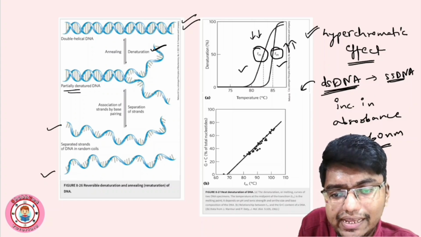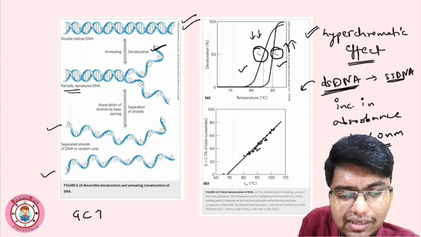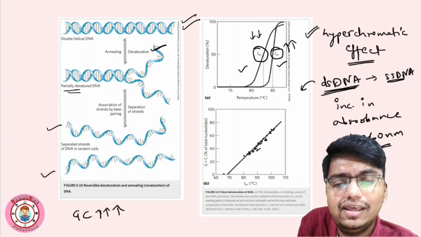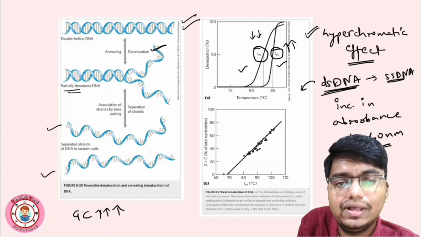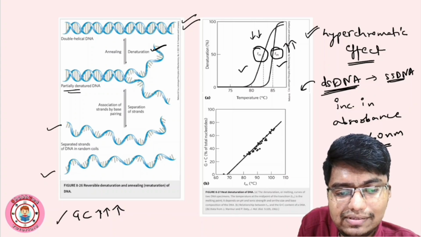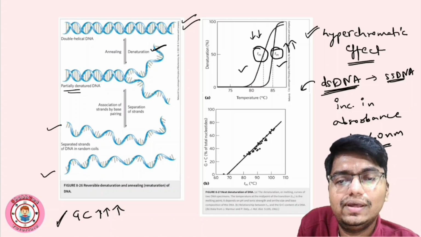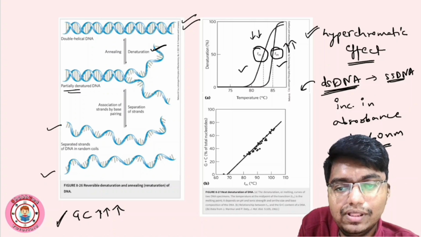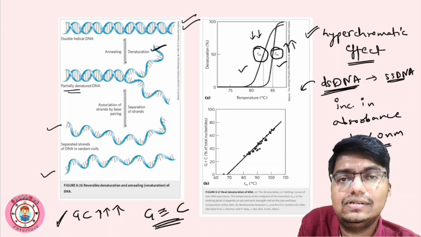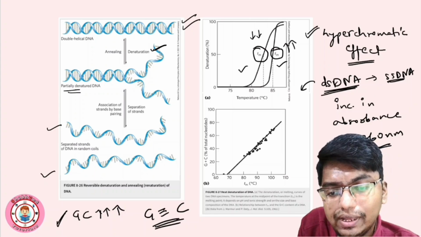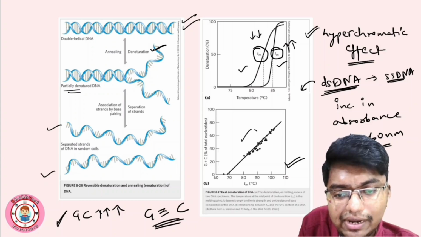Basically, if a DNA contains more GC pairing, that will be hard to break, so such DNA will need a higher temperature. Increased melting temperature will be needed. So GC pairing is stronger, as three H bonds are present. You can see from this graph, as GC content is increasing, melting temperature is increasing.